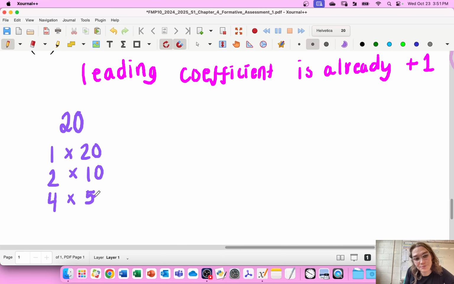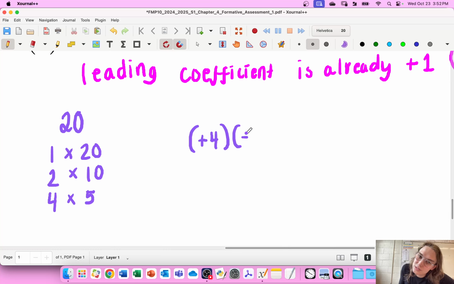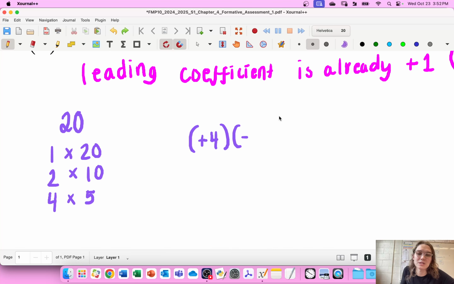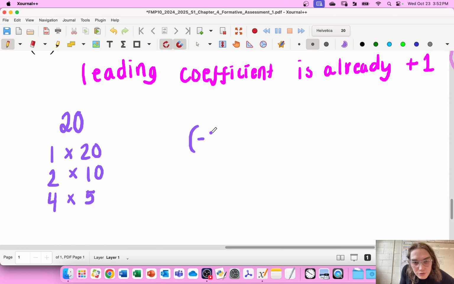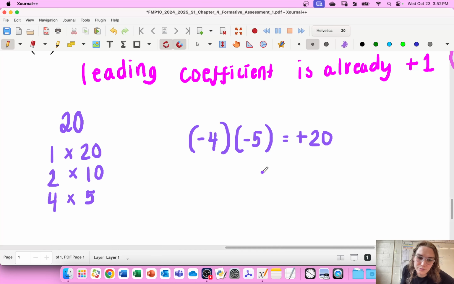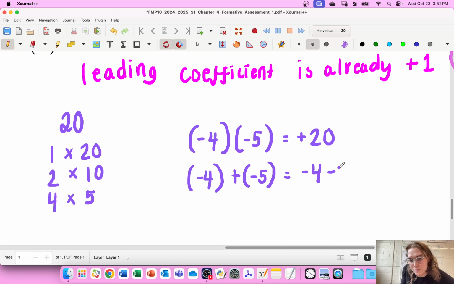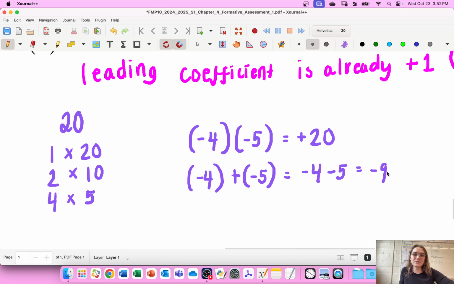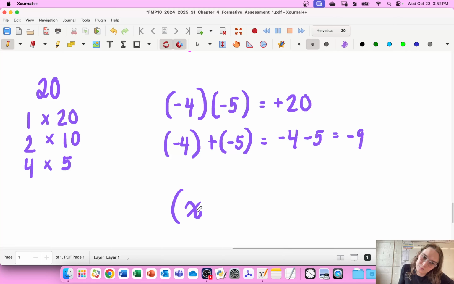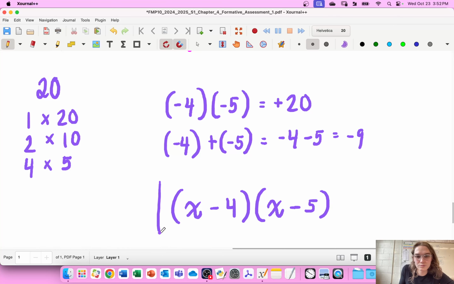Oh, interesting. Oh, wait, sorry, I'm messing up. Negative 4 times negative 5 equals positive 20, because negative times negative is a positive. And negative 4 plus negative 5 is -9. So that fits the bill. Perfect.